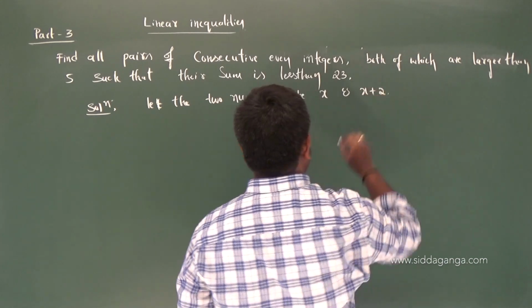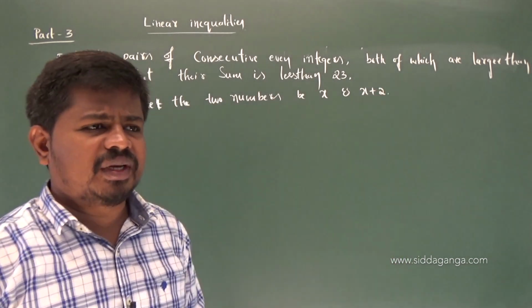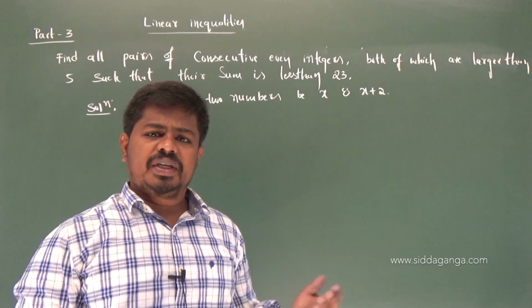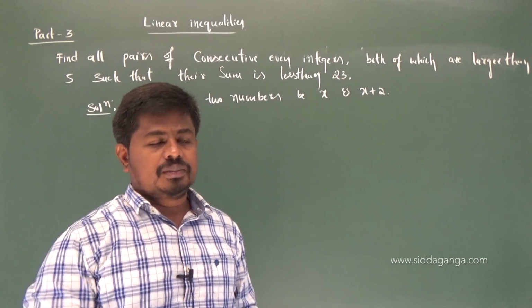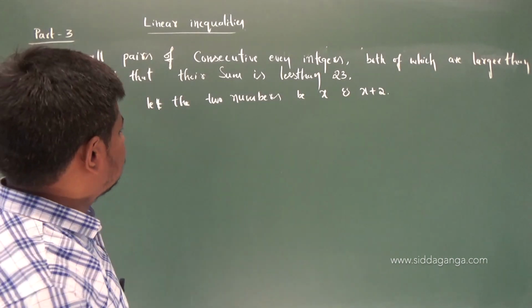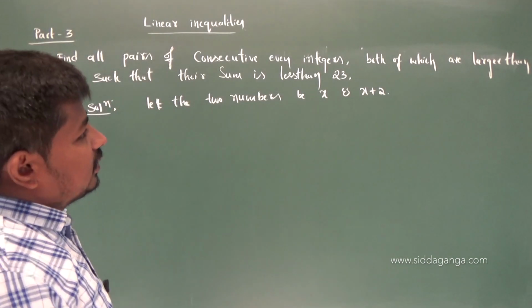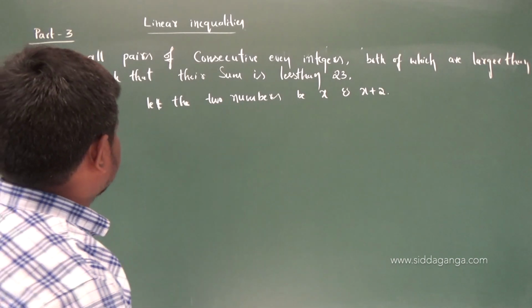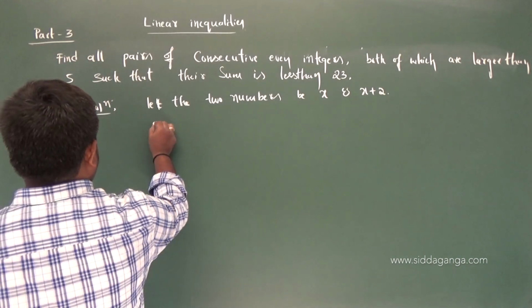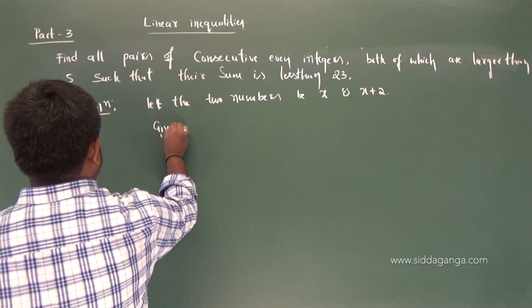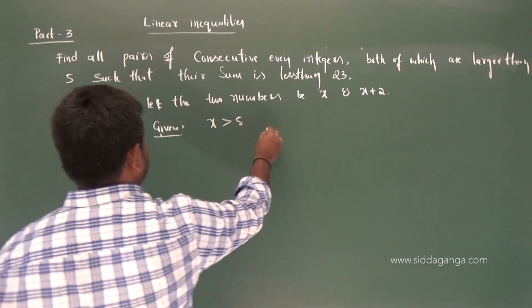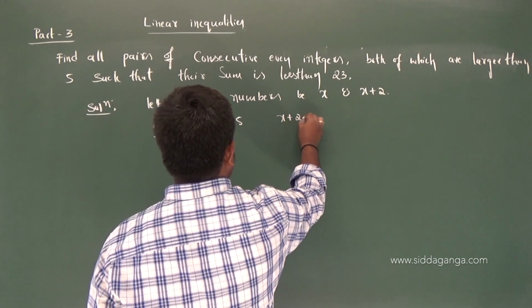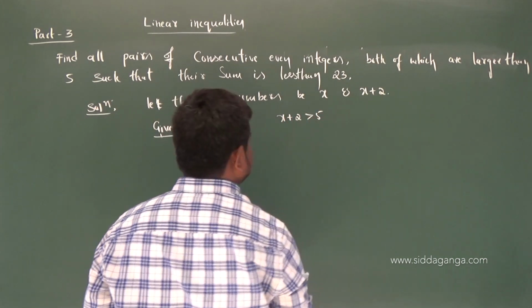Again you take both cases as x and x plus 2, because whenever you consider first number as x, next becomes x plus 2 obviously. 2 and 4, that is 2 and 2 plus 2, such that both of which are larger than 5. Given that x is larger than 5 and x plus 2 is also larger than 5.